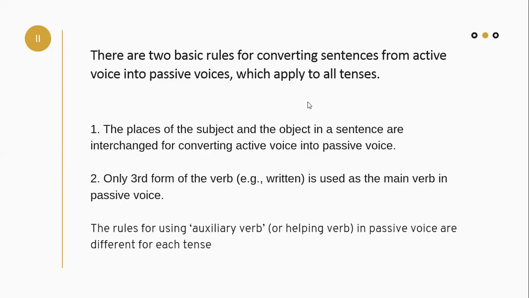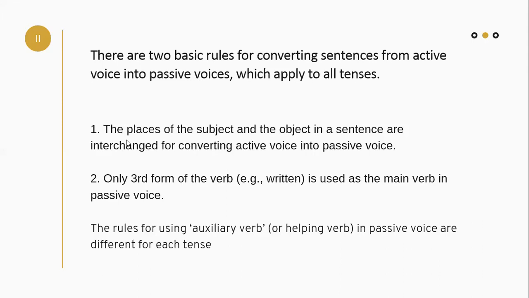So if we move on to how we are going to make the structure in passive voice, this is how the main structure is made in passive voice. There are two basic rules for converting sentences from active voice into passive voice. As we said before, there are 12 sentence patterns, and we can apply the same rule when we want to make passive voice sentences.